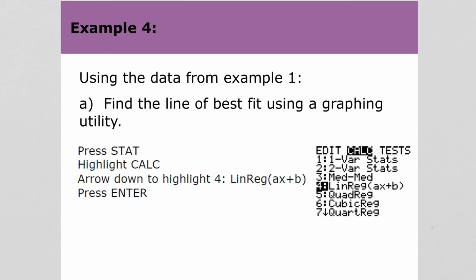So with a graphing calculator, you've already got your data in there. You're going to press Stat and go over to highlight Calc. And then you're going to go down to where it says LinReg. Basically, we're finding the linear regression.